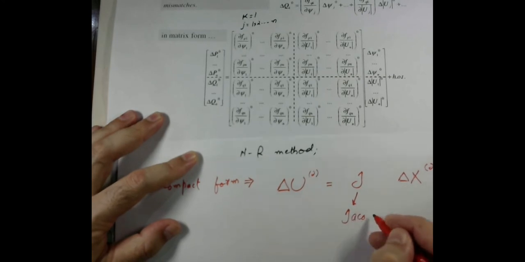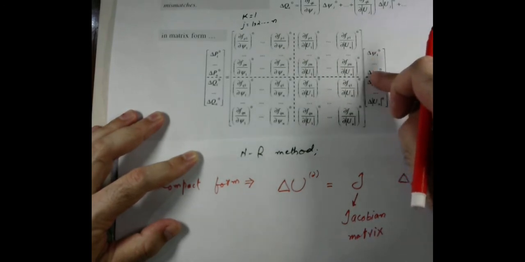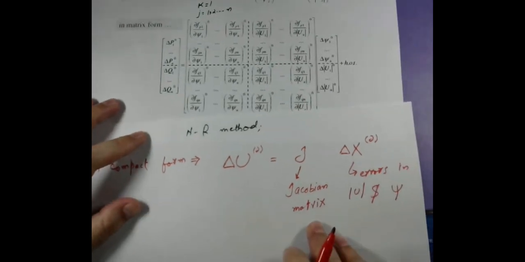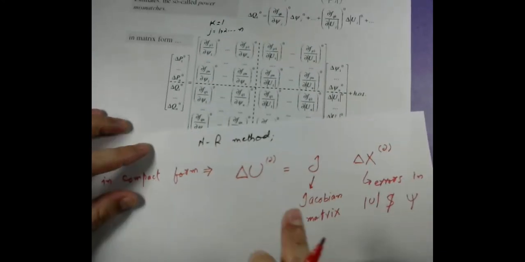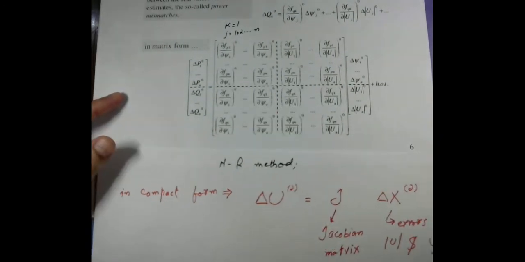And as we know, these are the errors in the angle and in the voltage magnitude. So this is now the compact form, the compact representation of the matrix representation of the Jacobian algorithm or method, whatever you call it.